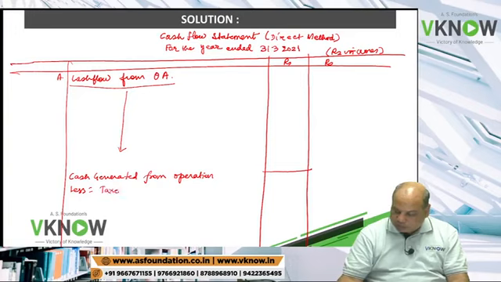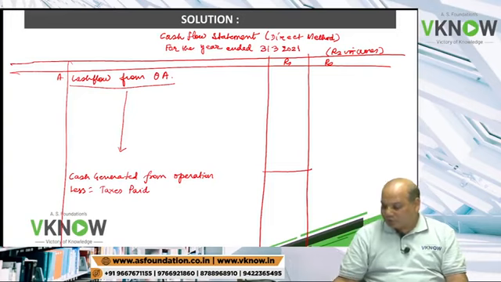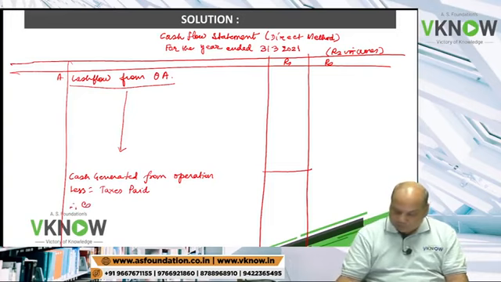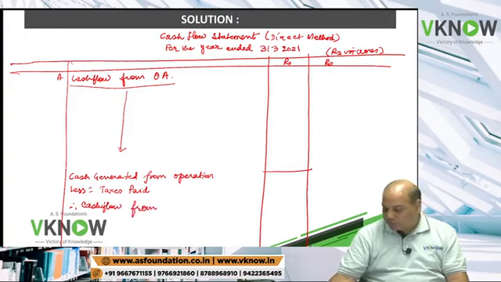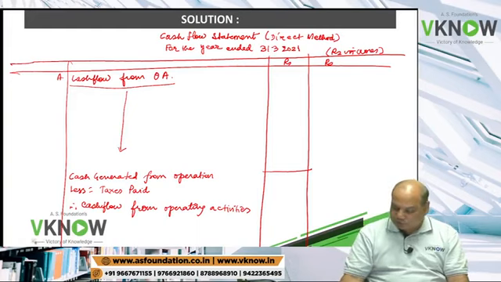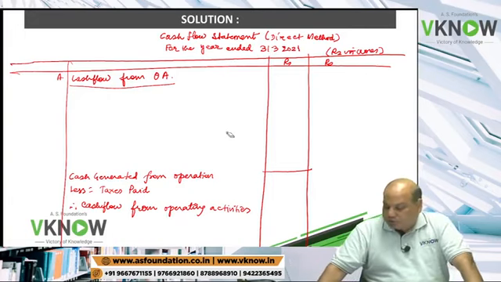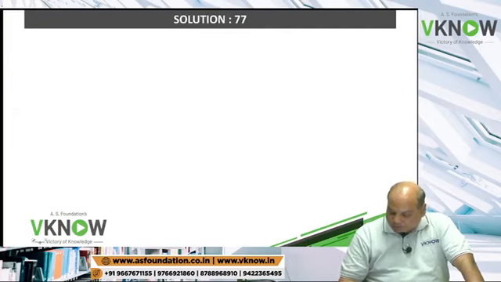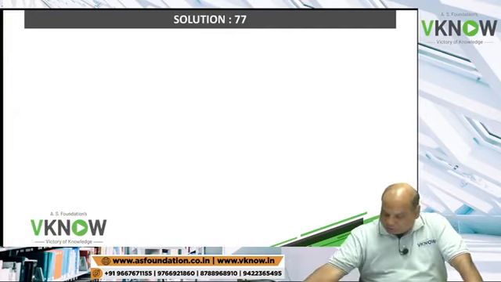Less: taxes paid. And therefore, cash flow from operating activities. This is my point A. Write down along with me.